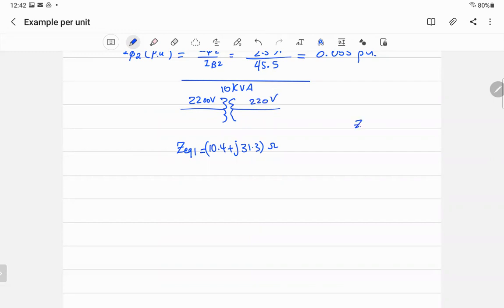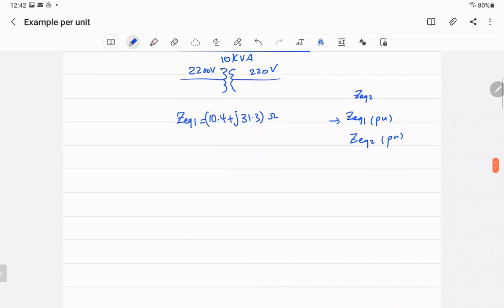We want to find Z equivalent 2, and then Z equivalent 1 per unit and Z equivalent 2 per unit. Let's start with the first one, Z equivalent 1, and instead of ohms, do it per unit.